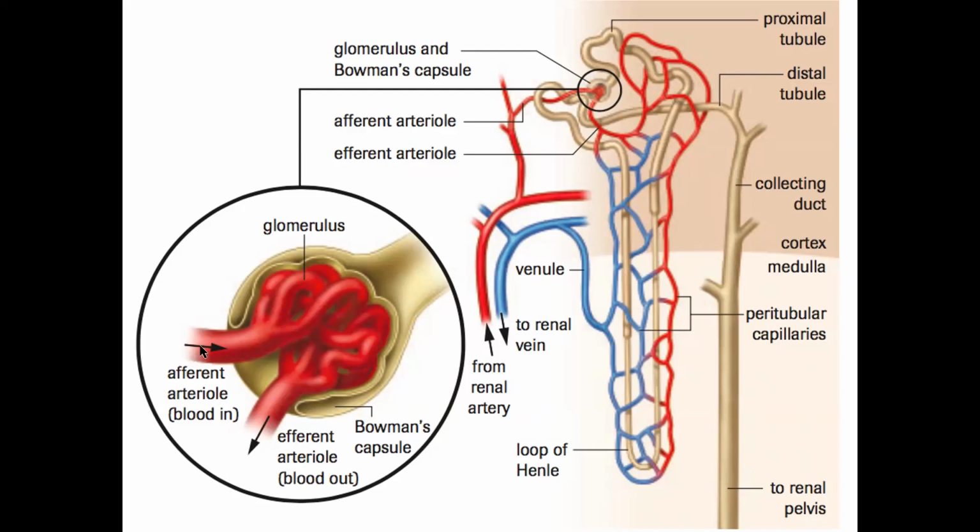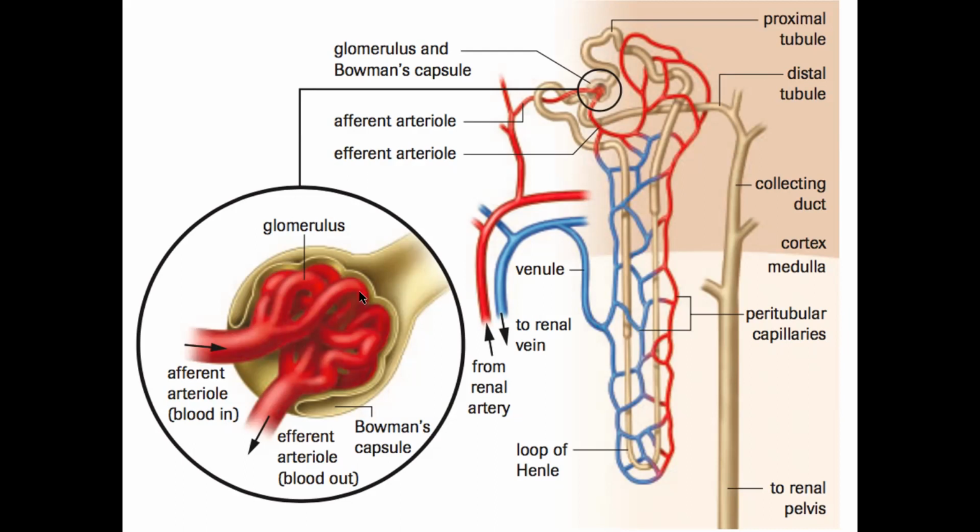So the blood's coming in here under pressure because there's less space for it to leave. That causes a pressure in the glomerulus, and that pressure causes the water to leave and go into this tubule here.